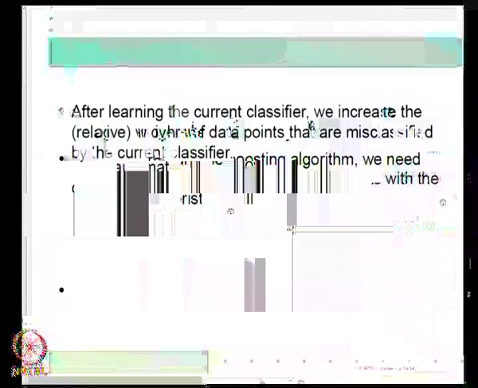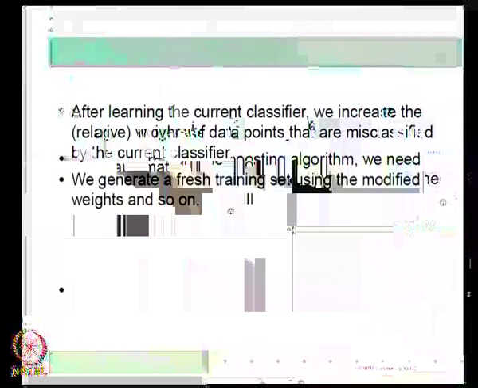Then, after learning the current classifier, we change the weights. We essentially increase the weights for the points that are misclassified by the current classifier. Whatever points out of my data are misclassified by the current classifier, I increase the weights of those points. And then, using the modified weights, we generate a fresh training data set, and once again learn a new classifier and so on.